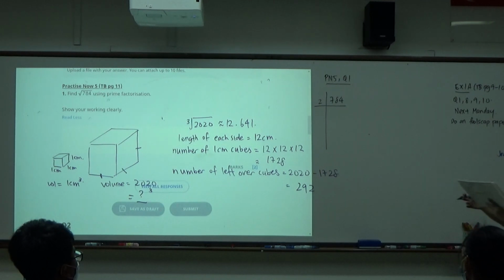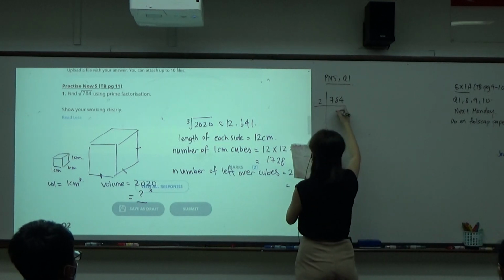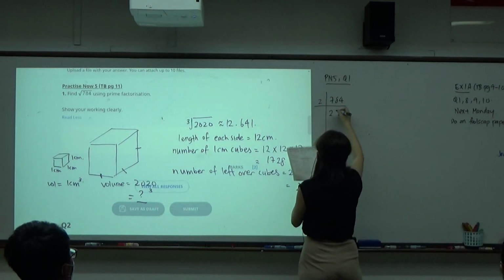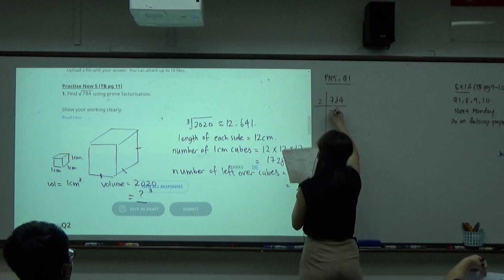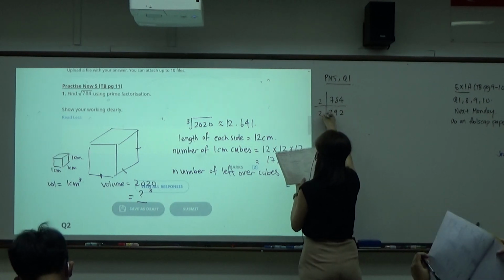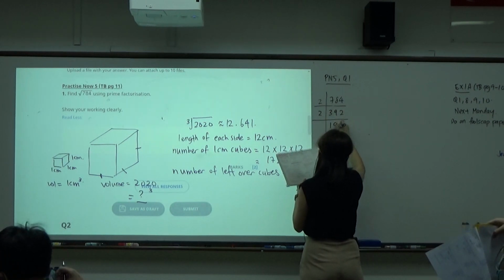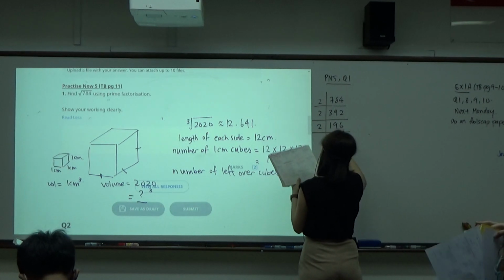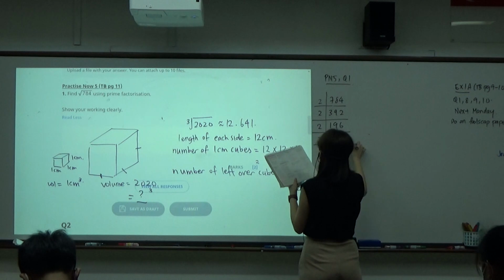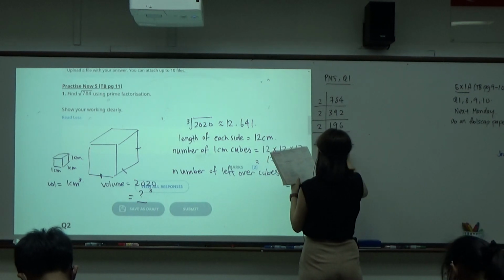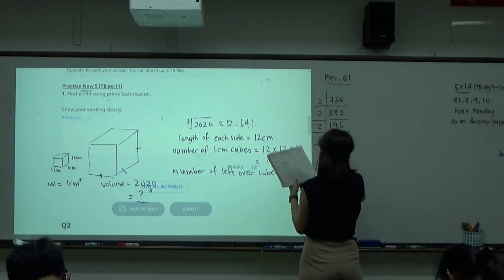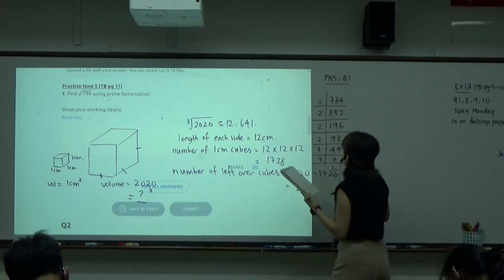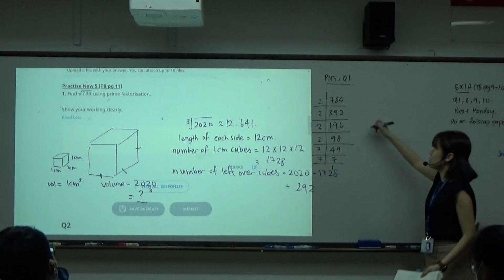My work. Okay. 2, and then 3, 9, 2, 1, 9, 6, 9, 8. So 784 can be written as such.